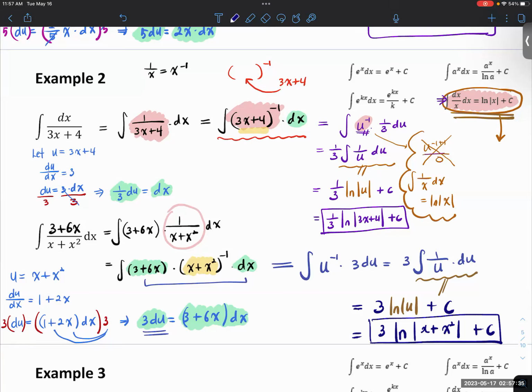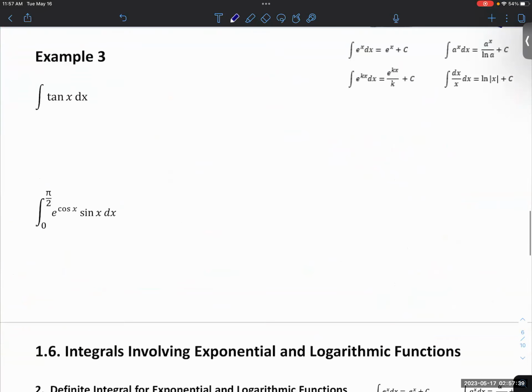So let's take a look at the following question. Example 3. So definitely, tangent x. Oh, I don't see any exponential. So we have to think more critically, okay? A little bit deeper level. Tangent x, you actually know what that is.